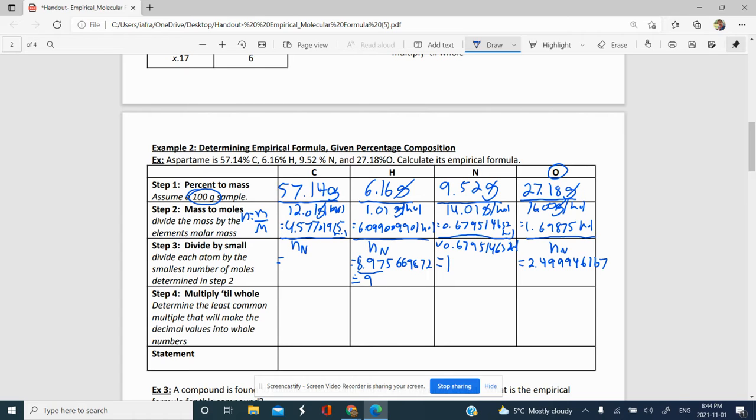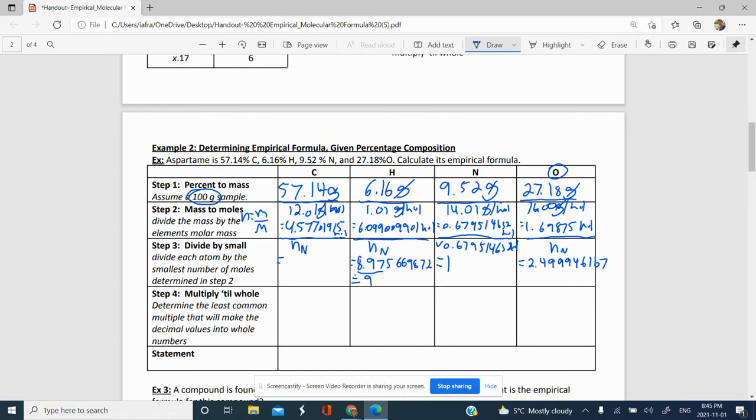And lastly, 4.577 divided by 0.679514632. And we get, I think that one's off. Let's try that again. 4.577 01915 divided by 0.679514632. And I get 6.73. It seems a little off for me.